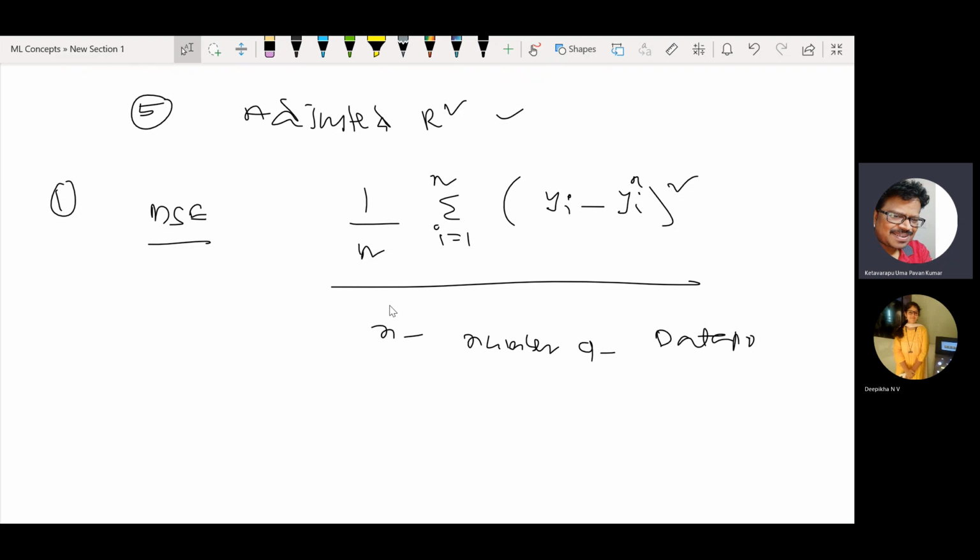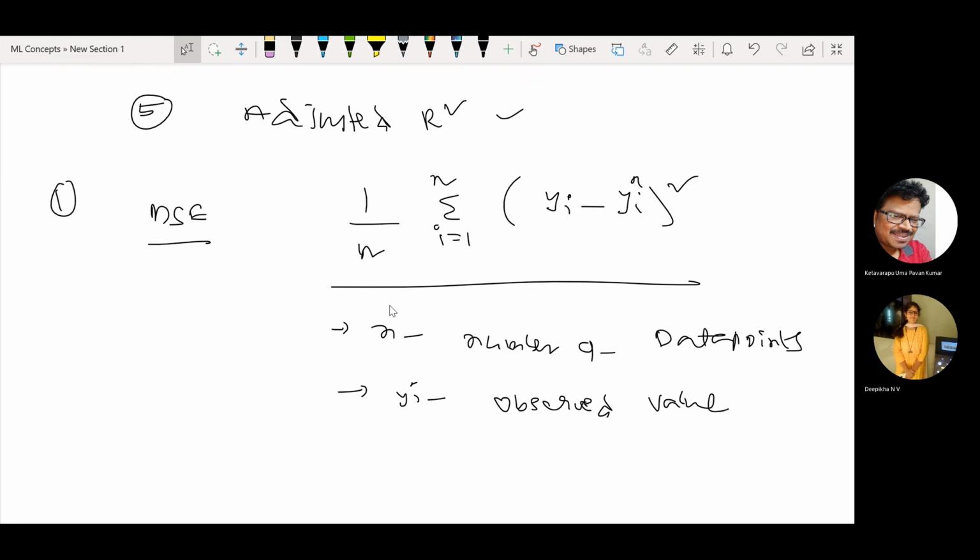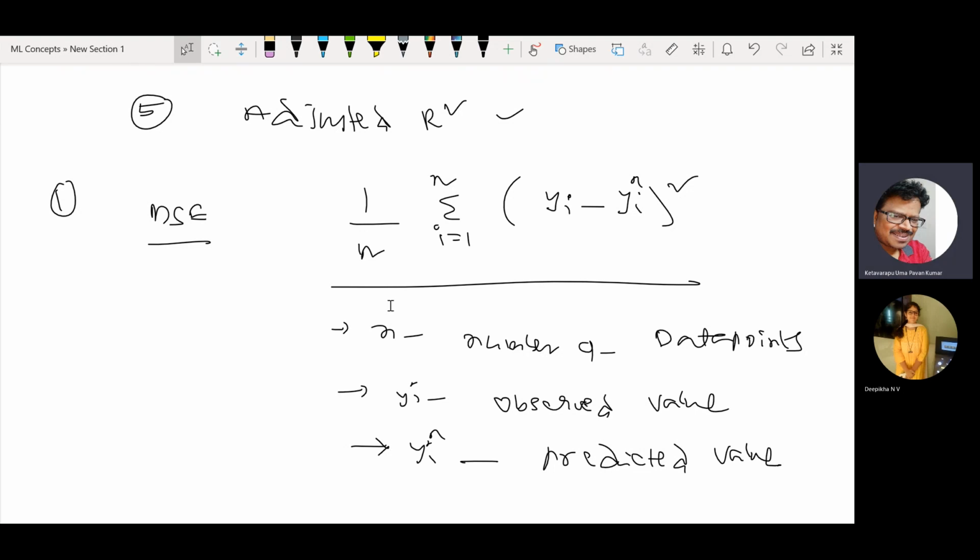Observe here, guys, yi is the observed value, whereas yi cap is the predicted value. The MSE gives the average over the number of values I have, and the error is squared, so that becomes the mean square error. That is the first computation I can make use of.